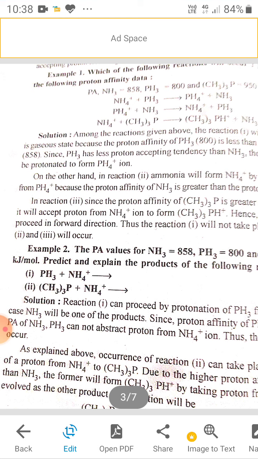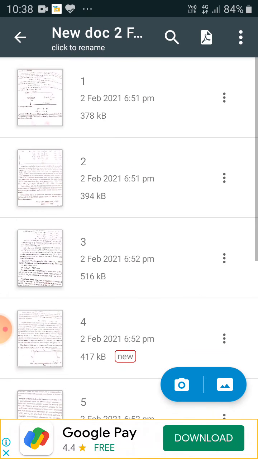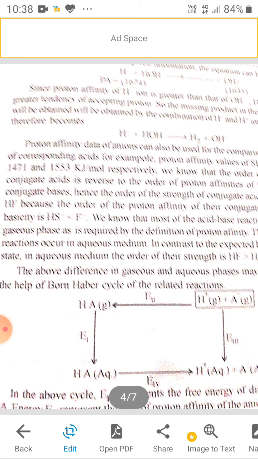Then complete the following reaction. Such reactions are completed by calculating the hydration energy. On the basis of the formation, the cation can be written as H+ plus OH- gives OH+, and its formation energy will be 16.35.